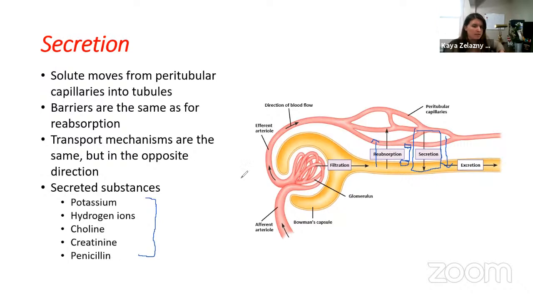So all of these things at different points in the nephron would get added into that filtrate, right? So these are all things that you might expect to see in the urine and be excreted eventually. And a couple of them will become important. We'll see hydrogen ions. We'll talk about them where these secretions are occurring.